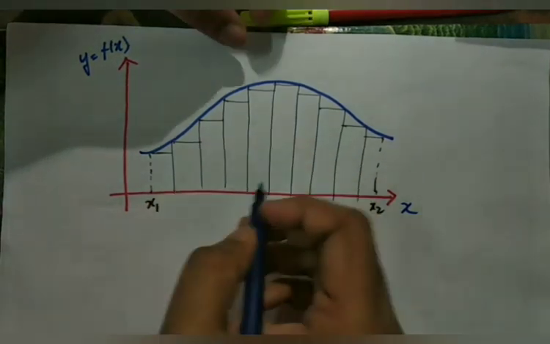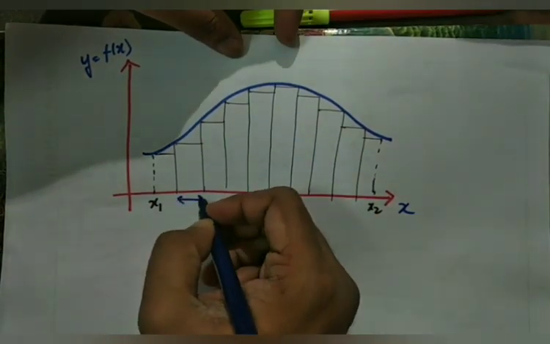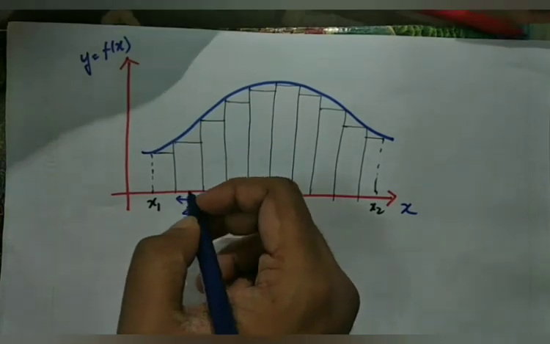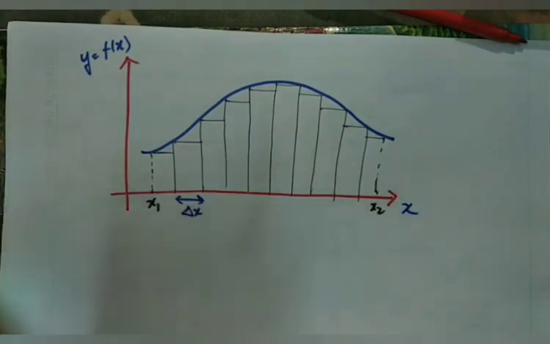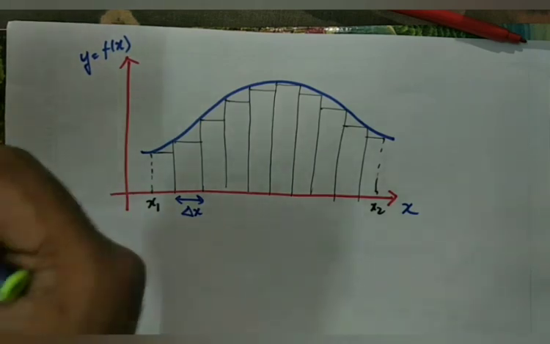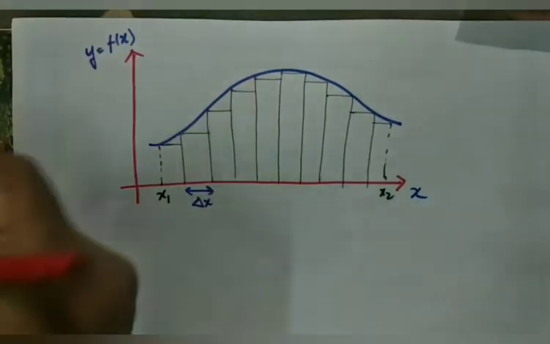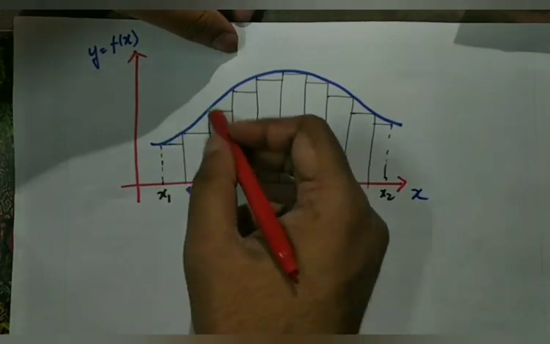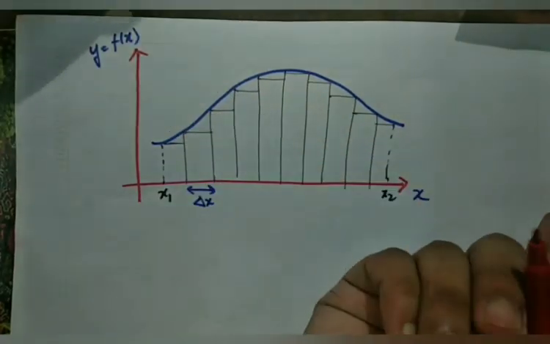Now let's say this interval is delta x for every rectangle. Now if we add all the rectangles, then we'll get the area.